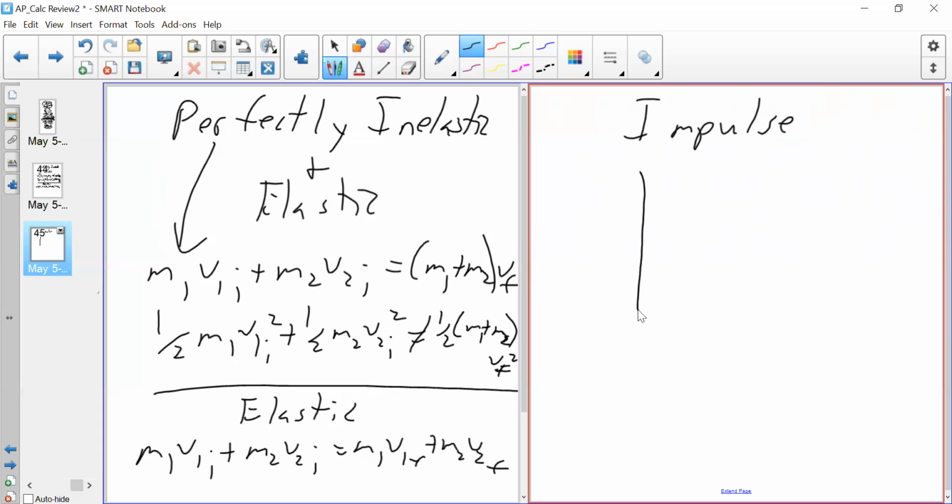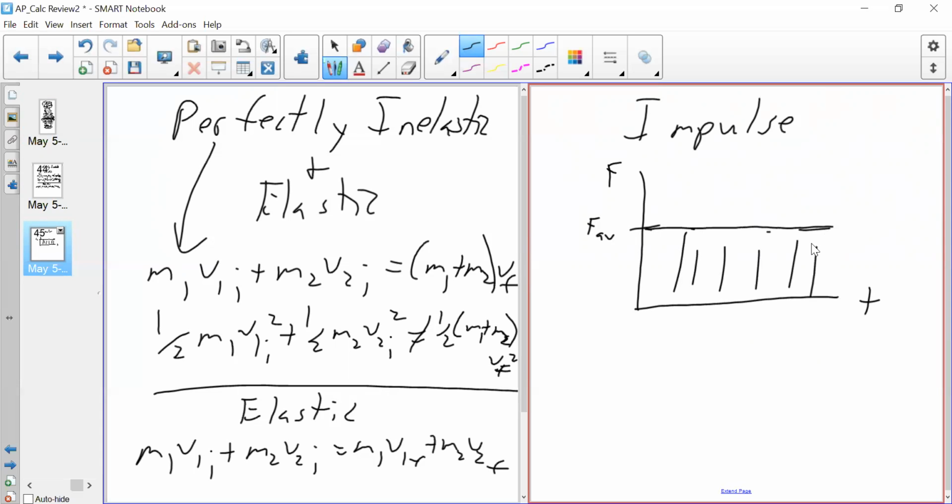So we have force versus time. We normally look at impulse in terms of an average force, that our force is constant. So let's say we have some average force, and if we wanted to find the impulse, we just find the area under this particular curve. But in reality, the force actually changes.